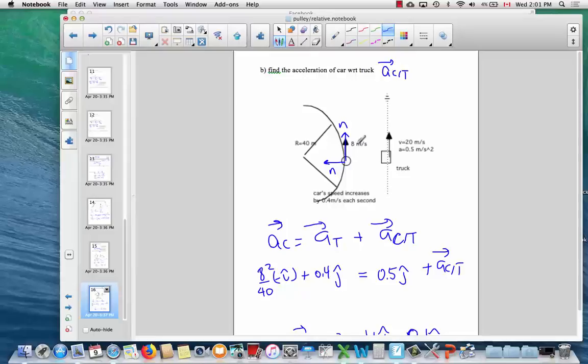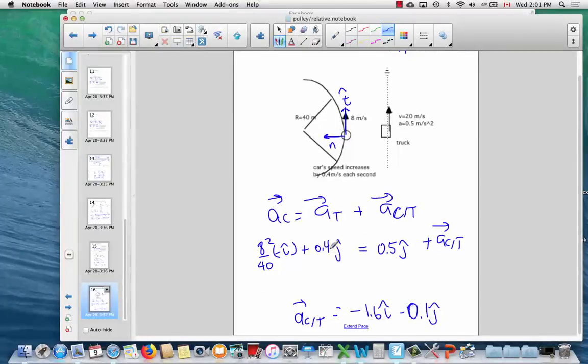We need to realize there's actually two accelerations for the car. There's a tangent acceleration due to the rate of change of speed, and then there's the normal acceleration, v squared over rho, inwards. Now, inwards in this case happens to be in the negative i direction, and tangent happens to be in the positive j direction at this instant pictured. So that gives this equation.